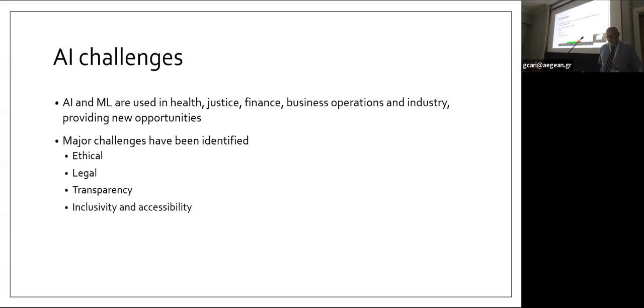AI and machine learning are used in health, justice, finance, business operations, and industry, providing new opportunities and uncovering at the same time major challenges, including, amongst others, ethical, legal, and transparency issues. A pivotal issue and pressing concern is also the inclusivity and accessibility of AI.